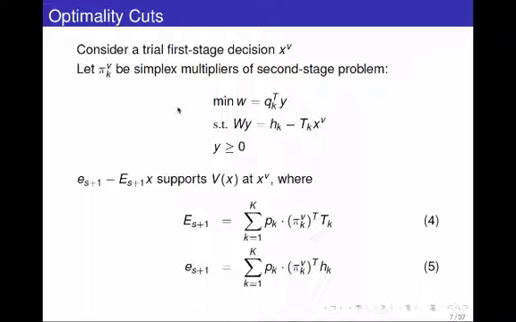Okay, let's see the graphical version again. So we have a master. Master produces an x candidate. Second stage returns back a cut, which is an E matrix and an e parameter.